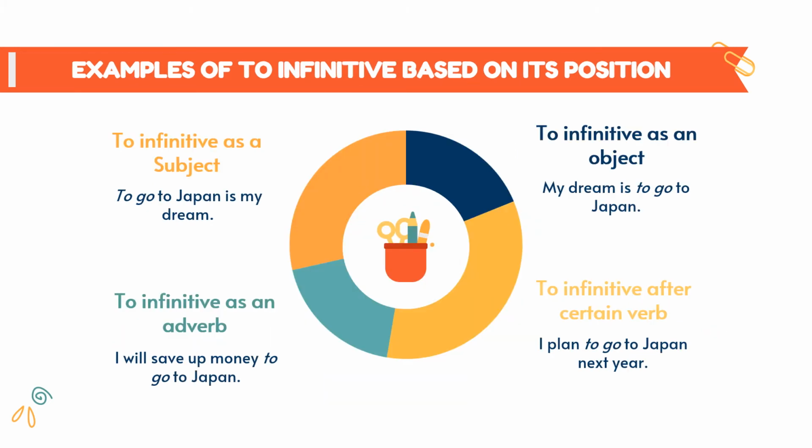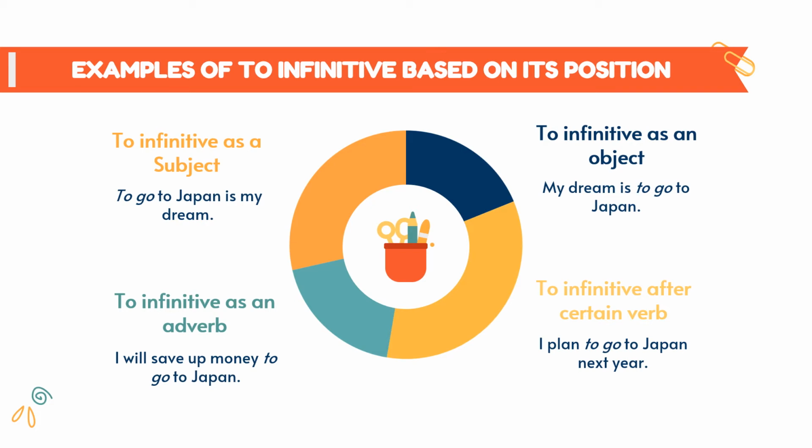So the next is about the examples of to infinitive based on its position. There are four parts of it. The first is to infinitive as a subject, as an object, as an adverb, and to infinitive after a certain verb. We will discuss the first one, which is to infinitive as a subject.